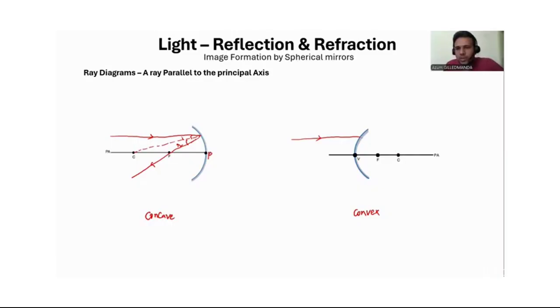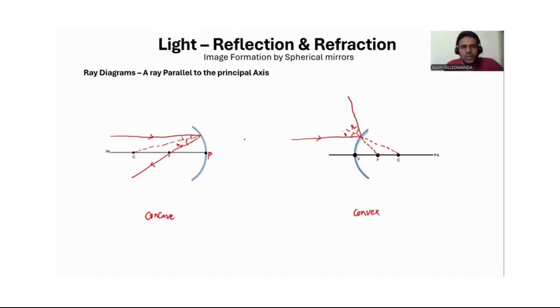If we draw an imaginary line to the center, this is our angle of incidence. With the same angle, the ray gets reflected, let's say like this. This is our angle of reflection. Now, if you extend this ray backward, it will appear that it is coming from the focus.